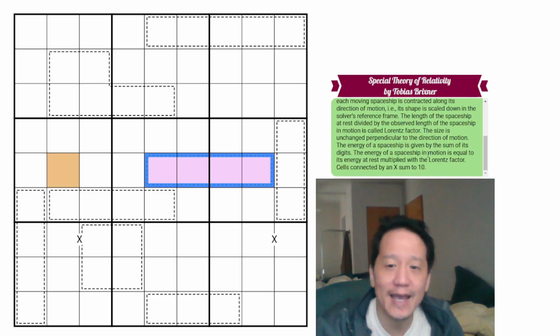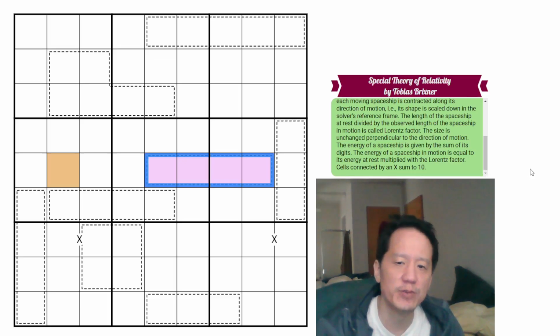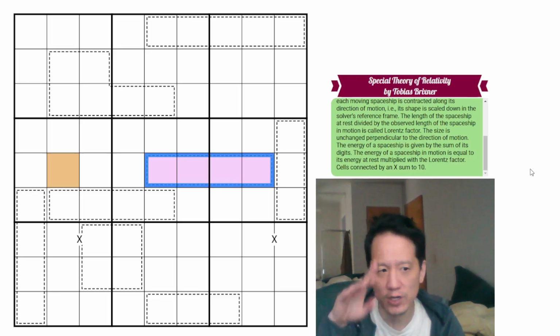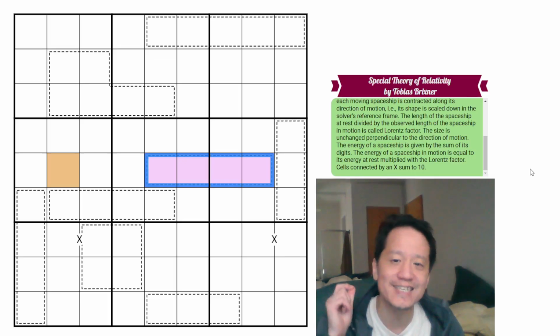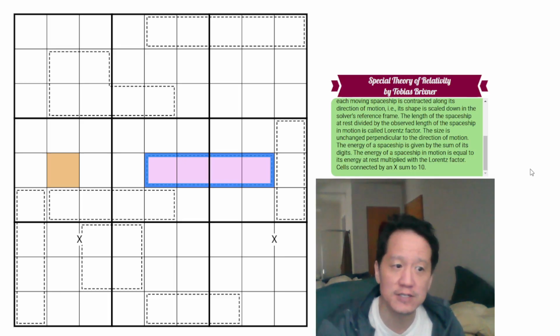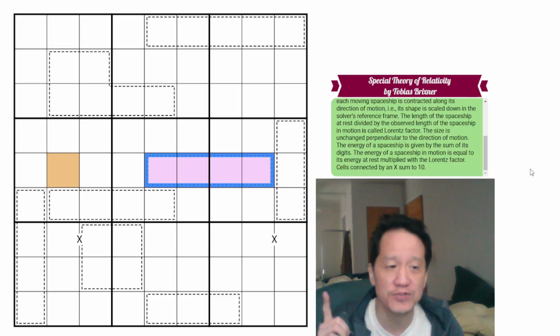And the energy of the spaceship in motion. So the energy of a spaceship is given by the sum of its digits. The energy of the spaceship in motion must equal its energy at rest multiplied by the Lorentz factor.